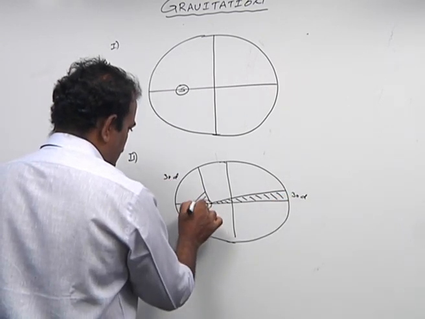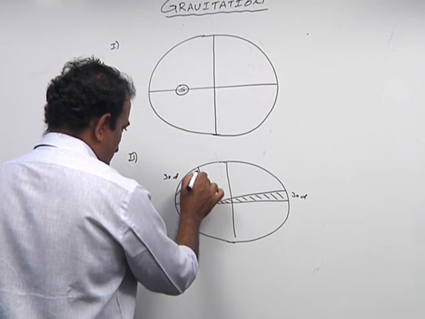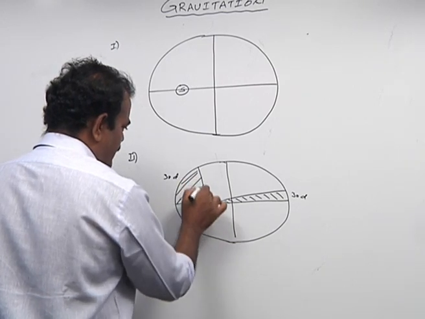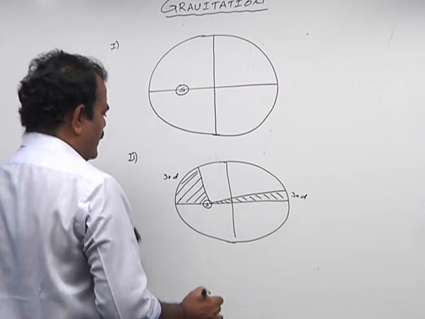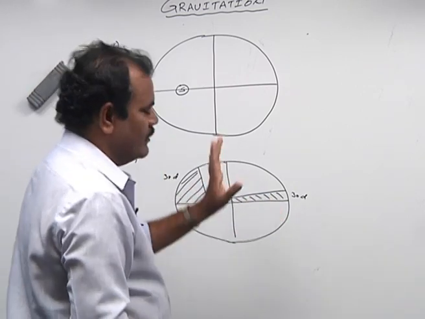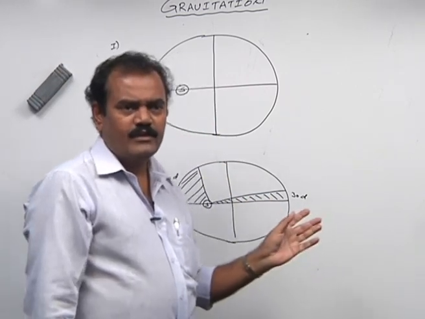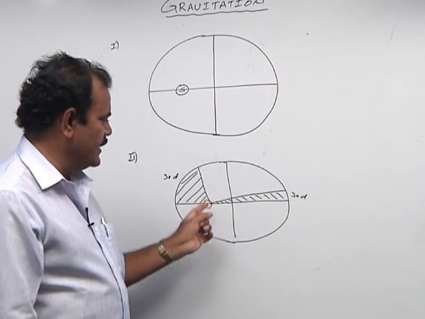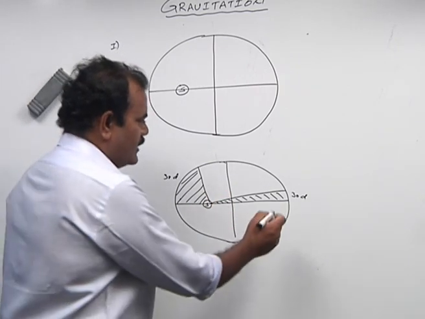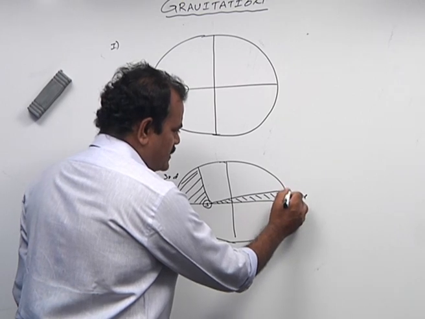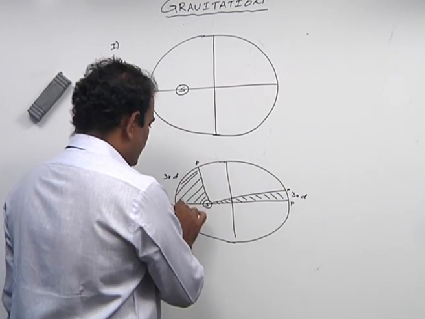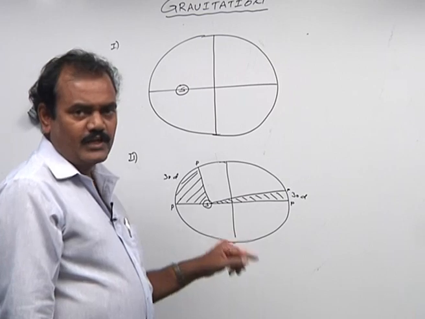The area covered here and the area covered there are the same in the given interval of time. The line joining the sun and planet sweeps equal areas in equal intervals of time.